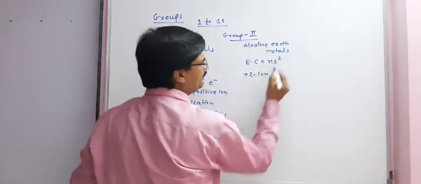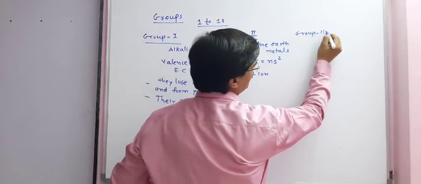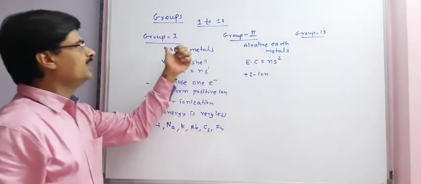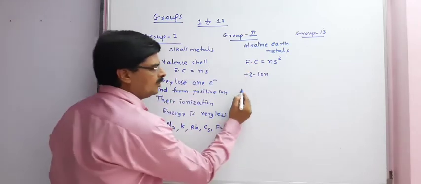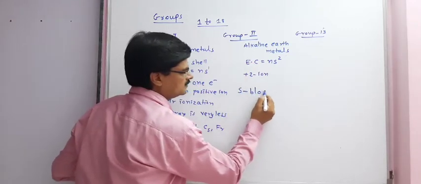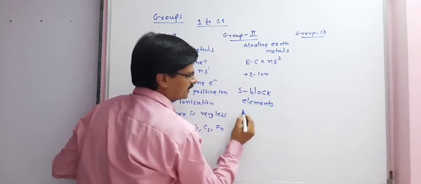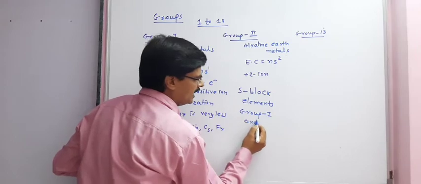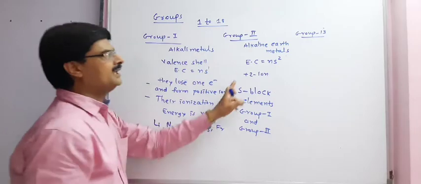Now, group number 3. That is not group number 3, but we can say group number 13. Once more, group number 1 and group number 2 elements are of the s block.